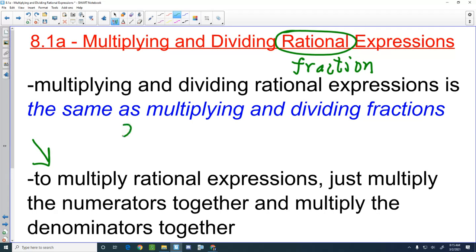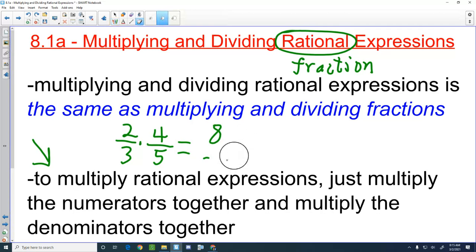Just like if I had 2/3 times 4/5, that would just be 8/15. So as simple as just multiplying numerators with denominators, that's it. It's just going to be bigger expressions, okay? So it's just to put you at ease, lets you know, hey, this is something I'm familiar with already.